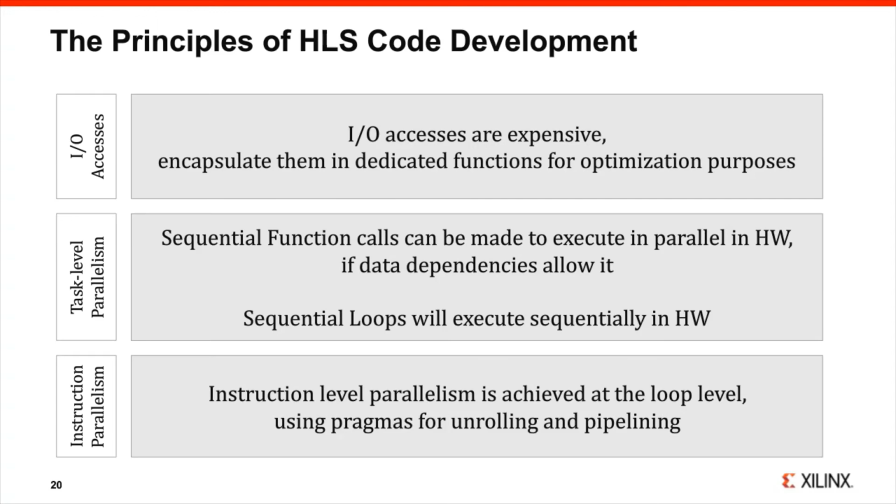Most of the time, we will get them running sequentially in hardware. Lastly, when it comes to instruction parallelism, as you can see, it is mostly achieved through pragmas. Sometimes you may need to do some code restructuring. Those principles are important, and hopefully this will cover what I'm going to explain in the next few slides.